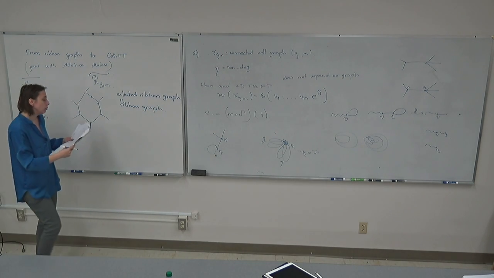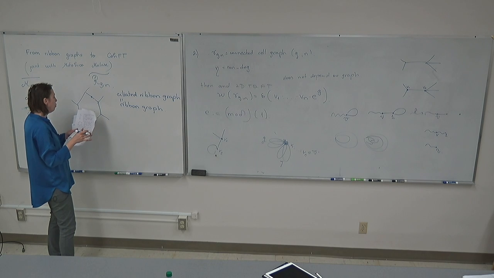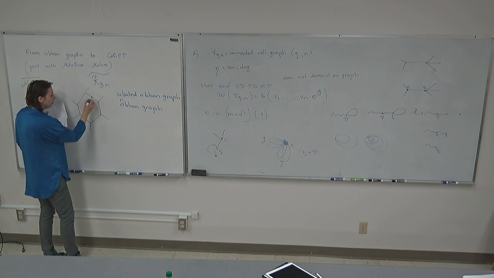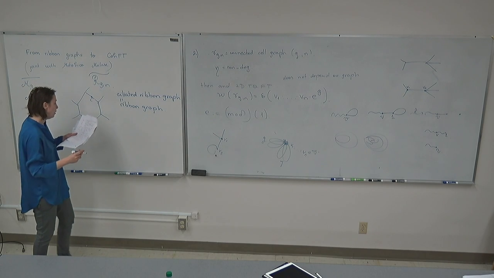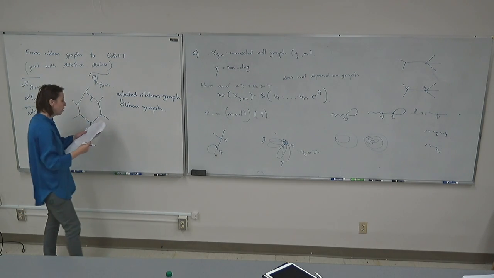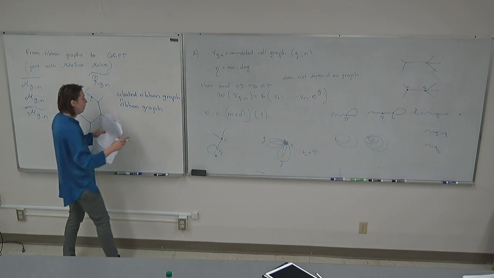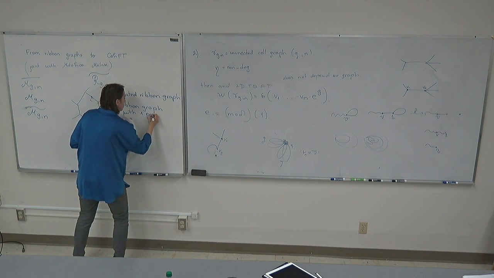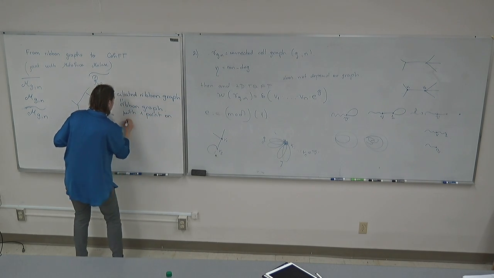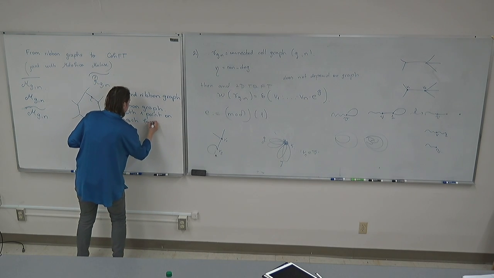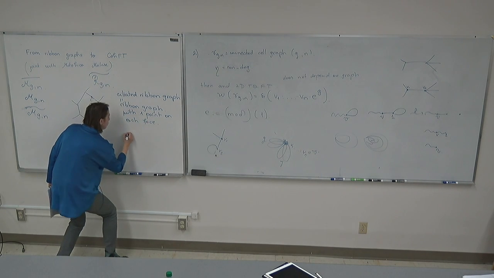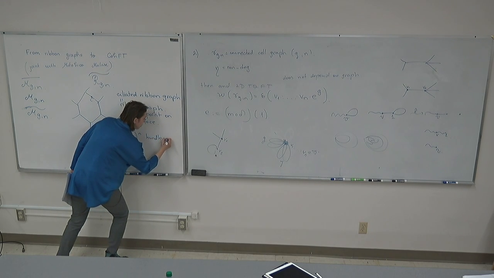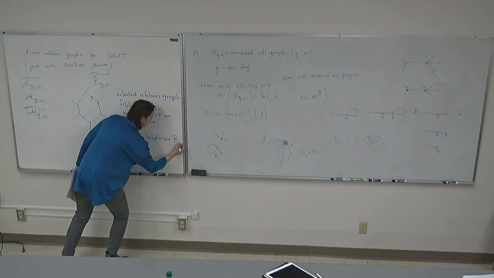So I want to assign one boundary point to each face, and in order to know which face I'm talking about, I'm going to put this cilia. So I'm going to place one point on the boundary of each face. So this is an S1 to the n bundle over RGN.